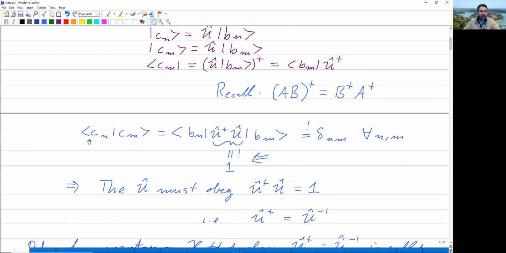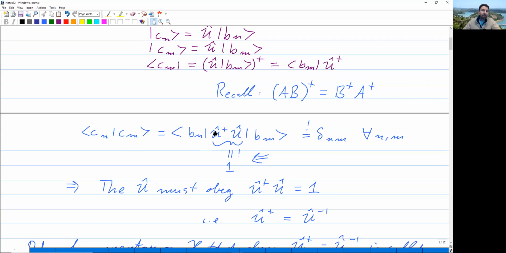Well, the bra of a Cn is Bn U hat dagger. We just calculated that here. And the ket of the image of a Bm gives us a Cm under the action of U hat. So Cm is U hat Bm.